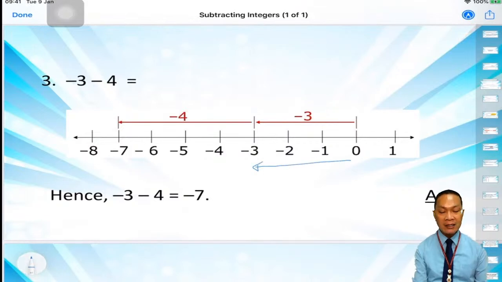And then minus positive 4. When we subtract positive, we will move to the left. So another 4 units. So the answer is negative 7. So negative 3 minus 4 is equal to negative 7.